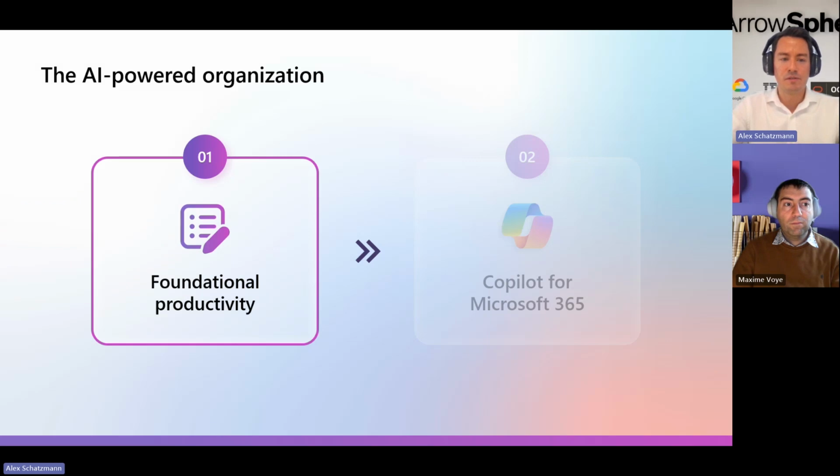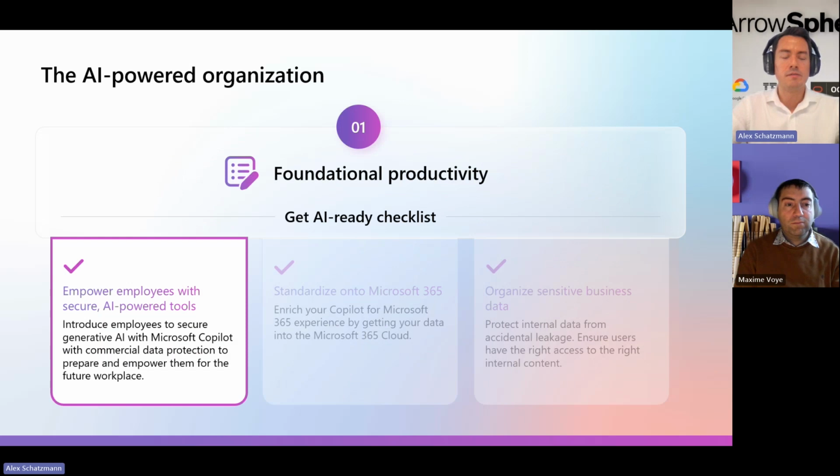So first, we'll go through the foundation to have AI running, because without foundation, you cannot have AI running properly. What I mean by foundation is how do you empower employees with AI? Is it to just give them the license and then tell them good luck, have fun? Or do you teach them how to use it? Do you give it only to the key users in the organization, or do you give it to everyone?